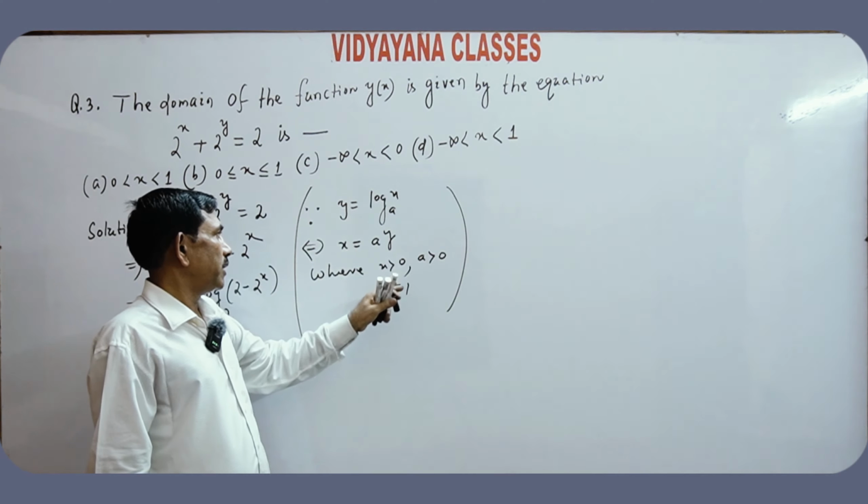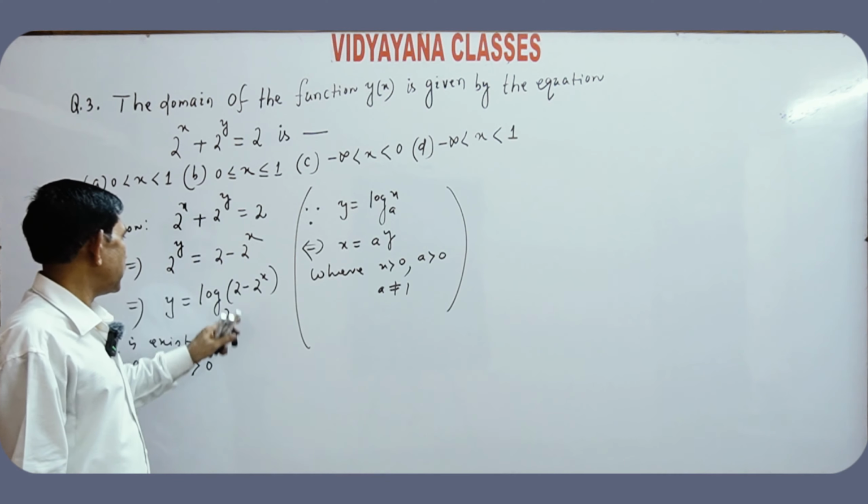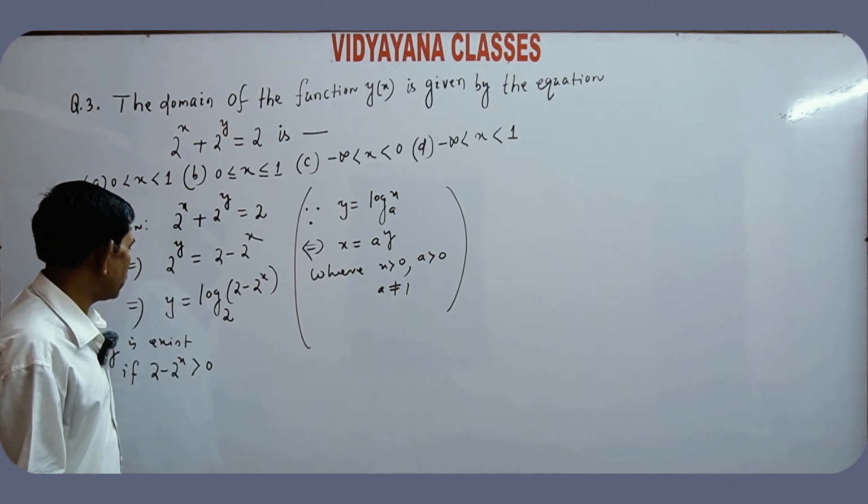The logarithm function exists if x > 0, and here x is replaced by 2 − 2^x.